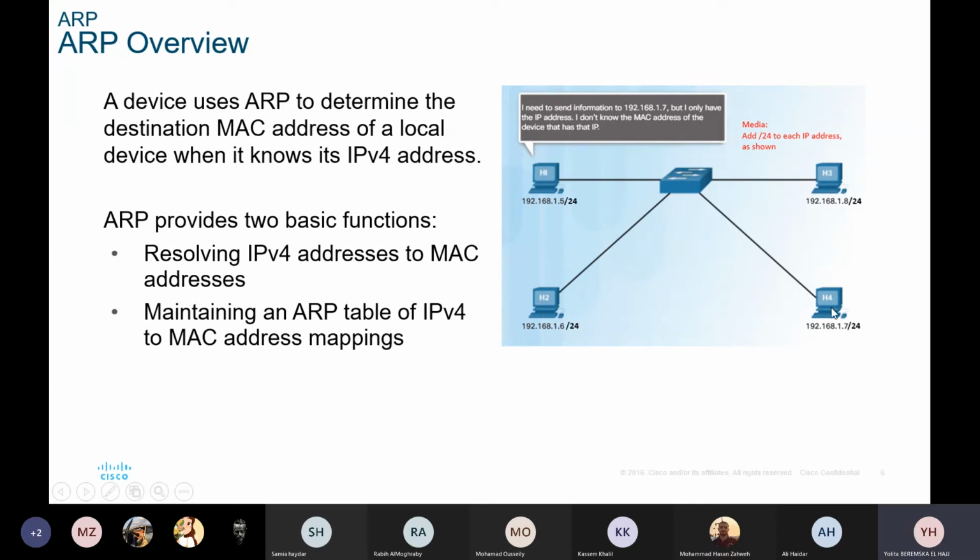Only H4 will find that its IP address is the same as in the message, and it will reply, but now not broadcasted. It will send a message with its MAC address. So this is used in a local area network.